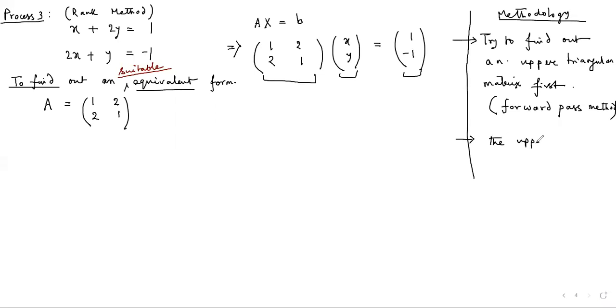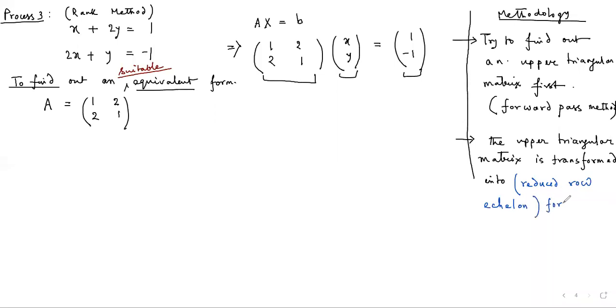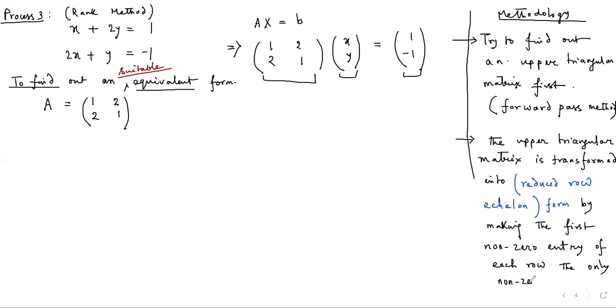The upper triangular matrix is transformed into a special form called reduced row echelon form, by making the first non-zero entry of each row the only non-zero entry of that column.